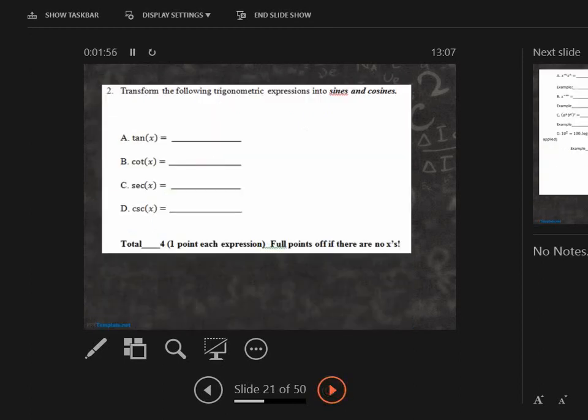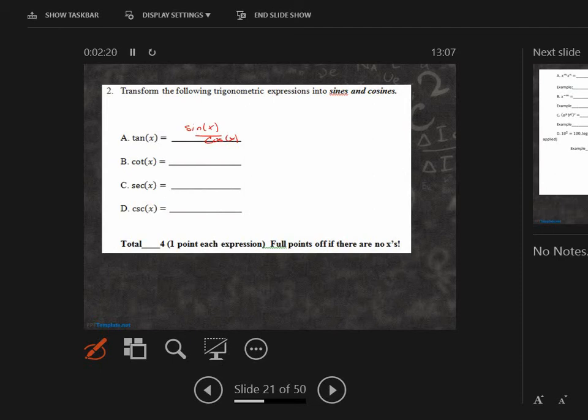This particular one, everybody got it right. Just to remind you, let's see. Make sure that you have everything with cosines and sines. The only issue that I saw is on somebody's test, they didn't have the x's there.